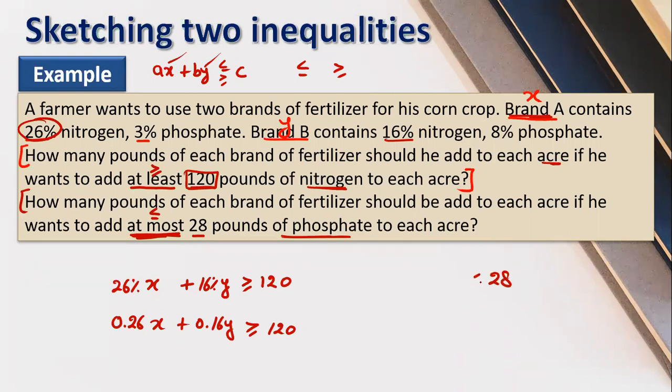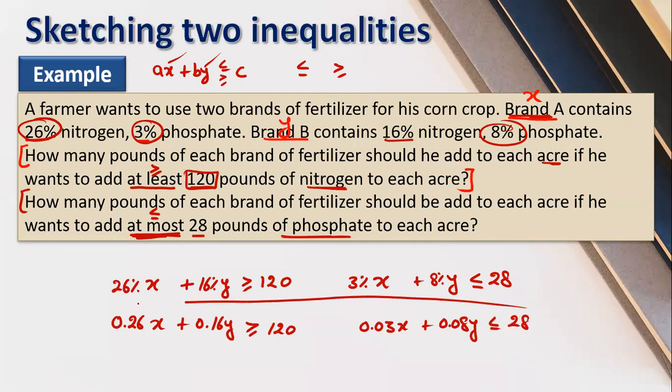And the sign we know is less than or equal, and we know x and we know y. On the phosphate, x requires 3%, and y requires 8%. Without percentages, it will be 0.03x plus 0.08y less than or equal to 28.